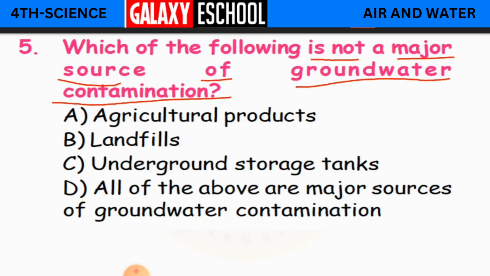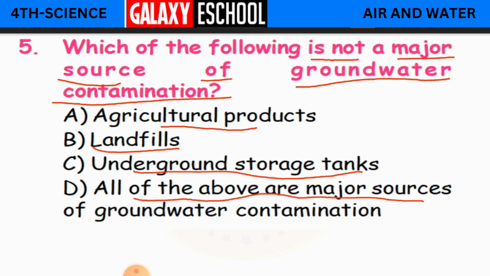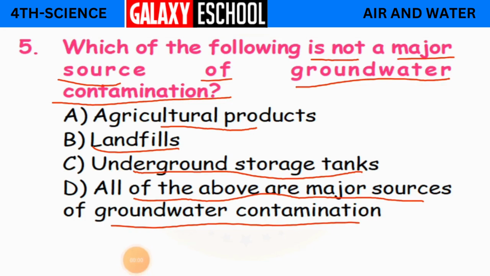Which is not a major source or a major reason of groundwater contamination. What is it? Is it agricultural products, landfills, underground storage tanks? All of the above are major sources of groundwater contamination.